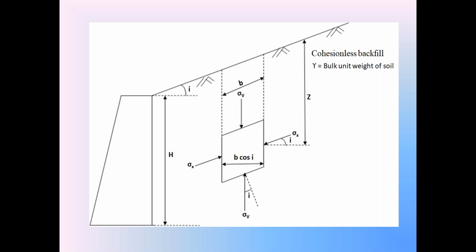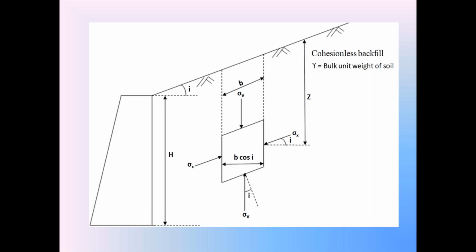Just assume that the element here is subjected to two principal stresses. One is in the horizontal direction, perpendicular to the vertical side of the element. The next one is in the inclined direction, perpendicular to the bottom and top of the element. Always, the principal stresses are the normal stresses.